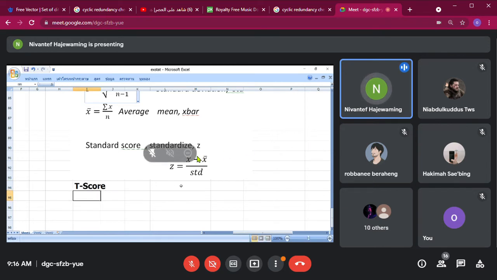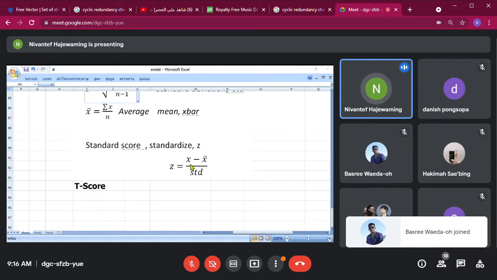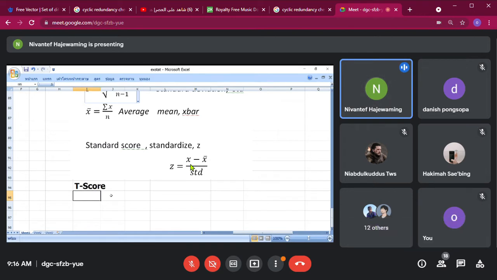T-score is the same as Z, but Z is a small value. We have minus and plus. If it is hard to define or explain what Z means, we can change from Z to T-score, right?